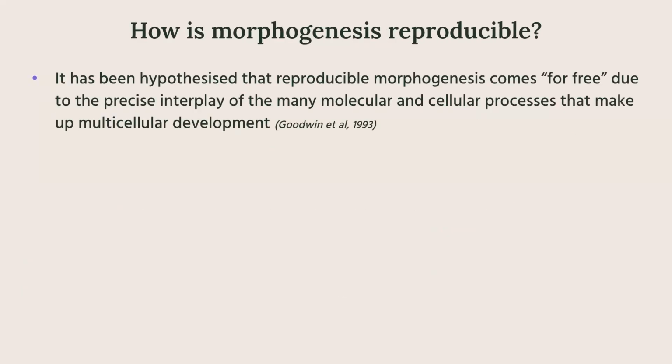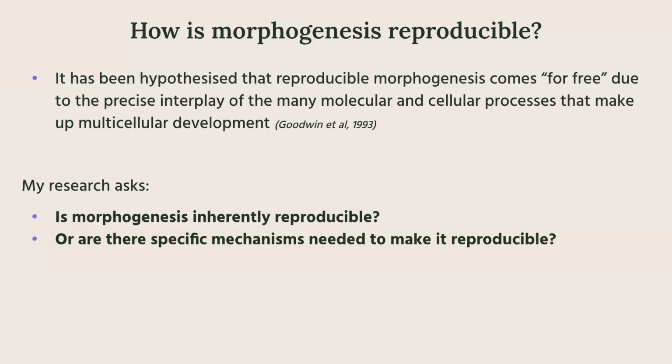However, it's been hypothesized that this reproducible morphogenesis sort of comes for free when you have the precise interplay of those many molecular and cellular processes that make up multicellular development. So when you have all these complex interacting things working together, reproducibility sort of naturally comes about from morphogenesis.